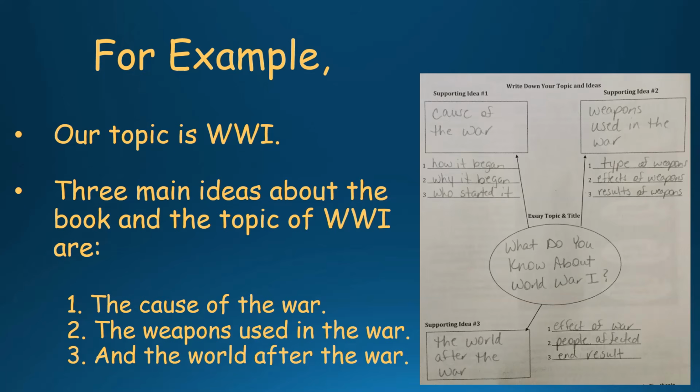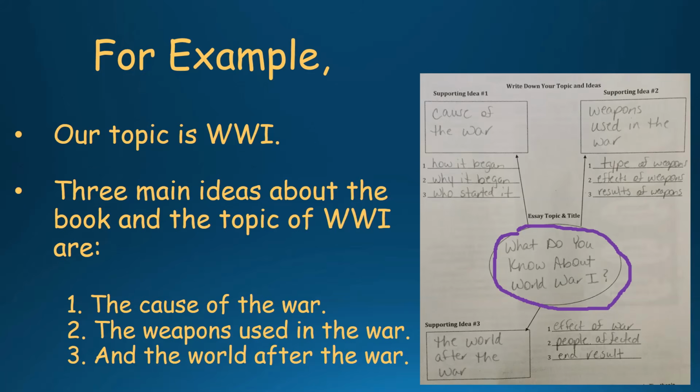So here is our example of our pre-writing. And so in the middle here, we have our essay title. Okay, the title of our essay is What Do You Know About World War I? So our title is nice and catchy, and it will draw the attention of our reader to make them want to read even more.